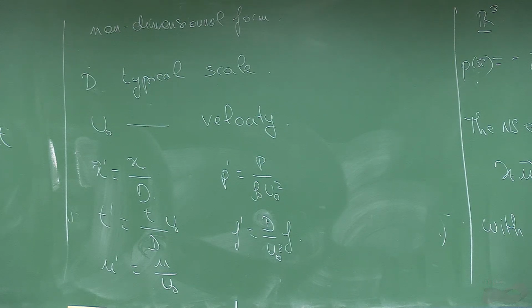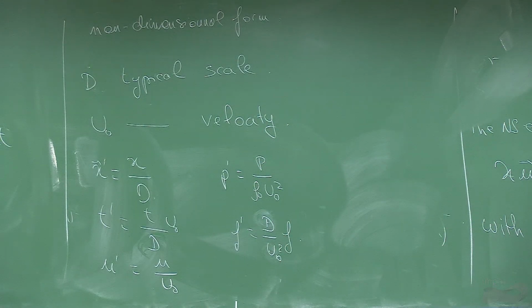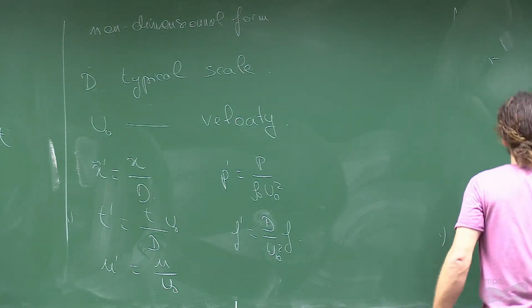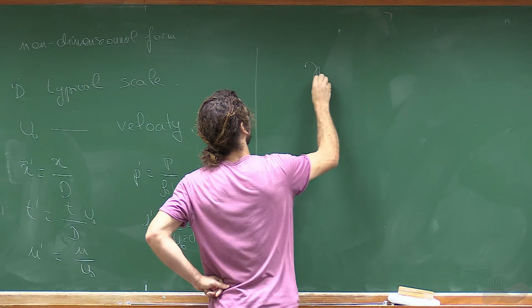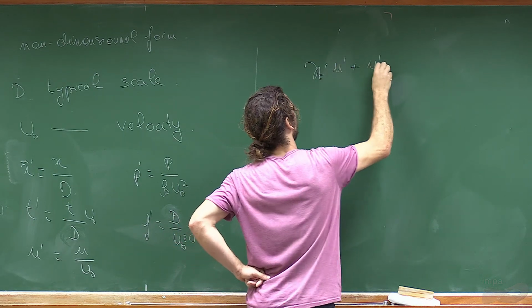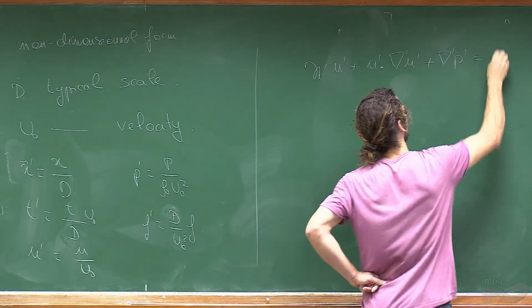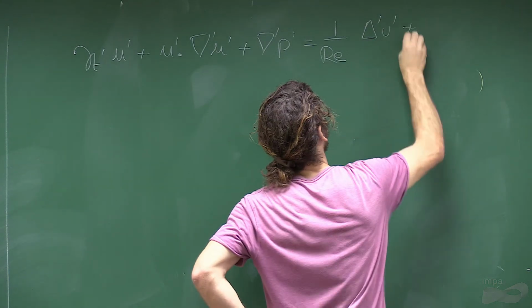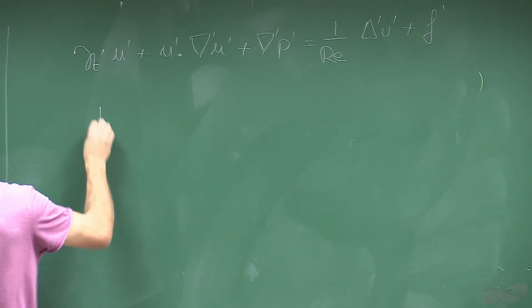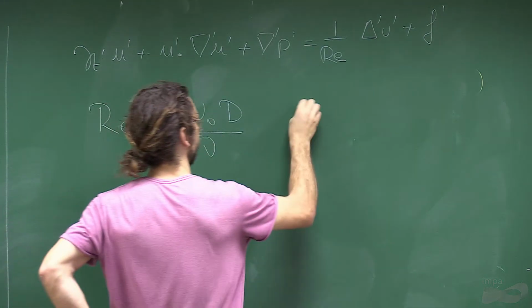And so if you do this change of variable and you plug that in this equation, you get the a-dimensional form of the Navier-Stokes, which simply reads: dt prime of u prime plus u prime dot grad prime of u prime plus grad prime of p prime is equal to 1 over a coefficient times the viscous term plus the rescaled force, where essentially this number here is called the Reynolds number.